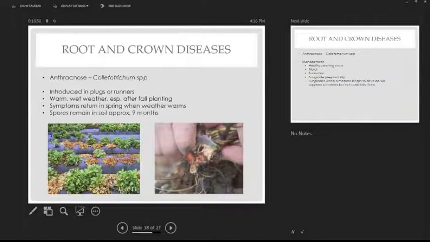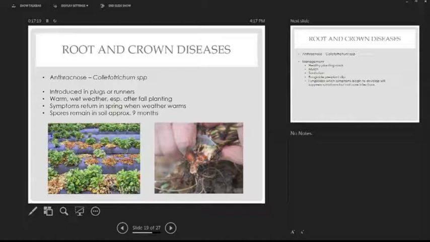I said a lot of this already, introduced in plugs and runners a lot of times. Warm, wet weather will spread this pathogen like wildfire, moving down the rows and through the rows. So a lot of times, if it was a shipment that was infected, we'll start seeing collapse in the fall right after planting. And then as temperatures get cold, it'll stop, and in the spring it could start again.